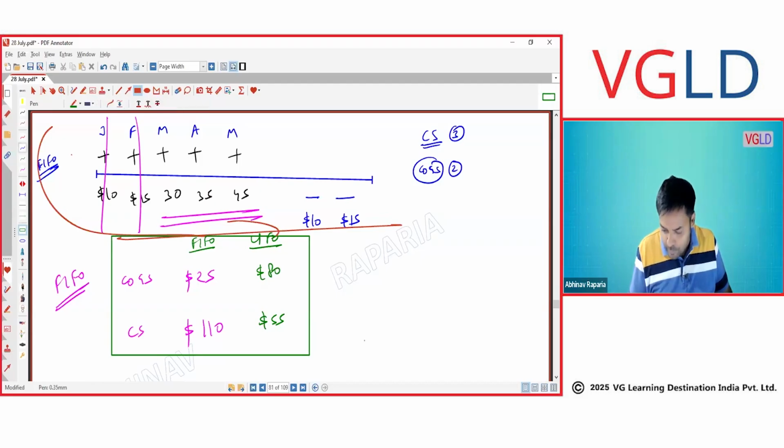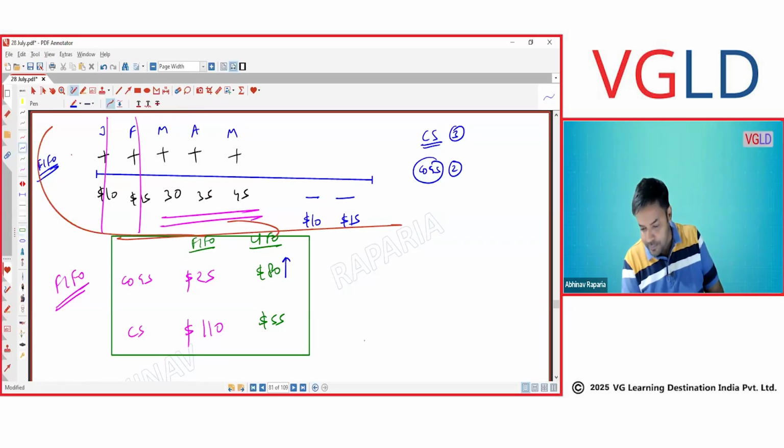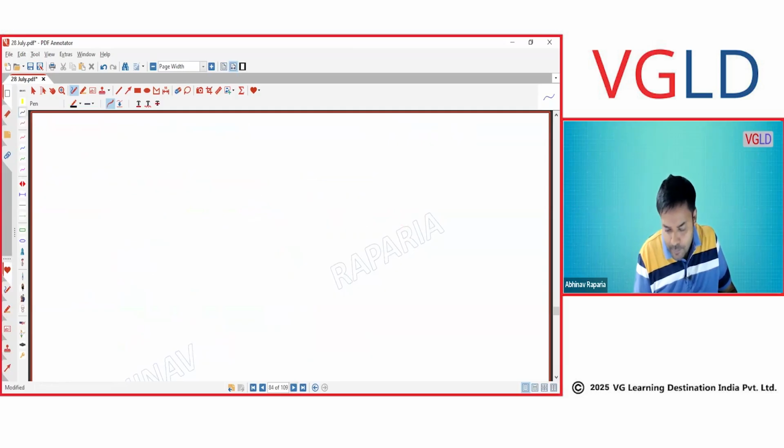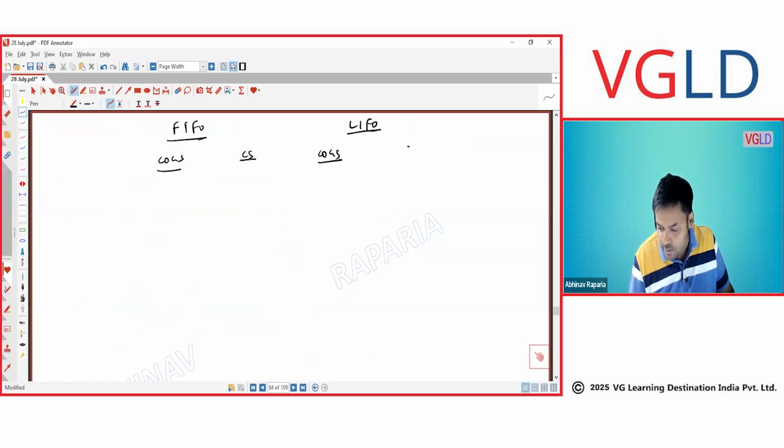Where is my closing stock higher? FIFO. Whenever there is a period of inflation, COGS is higher under LIFO and closing stock is higher under FIFO.